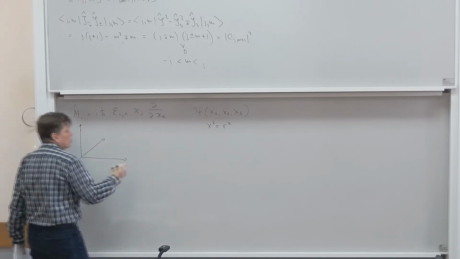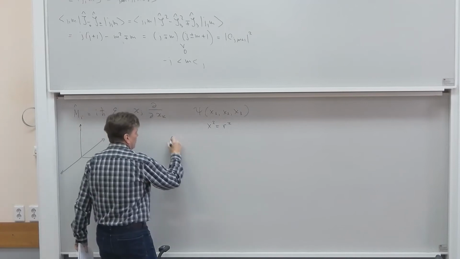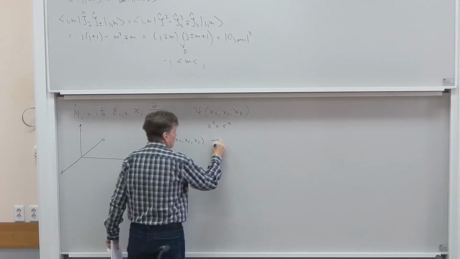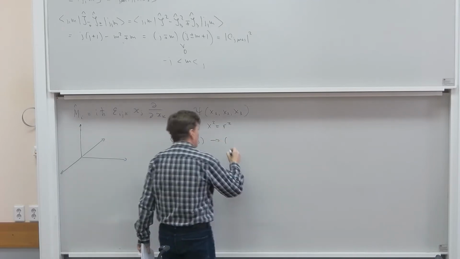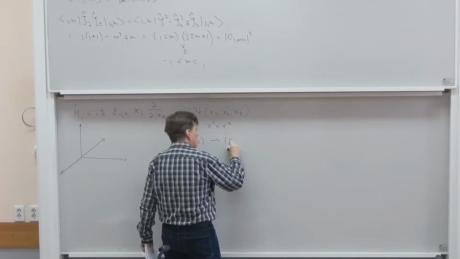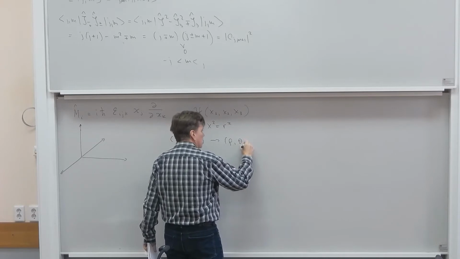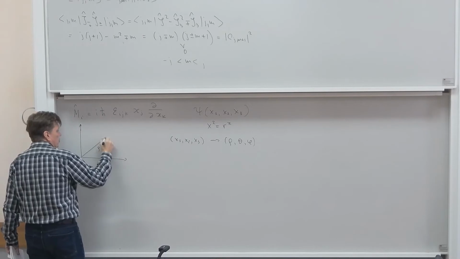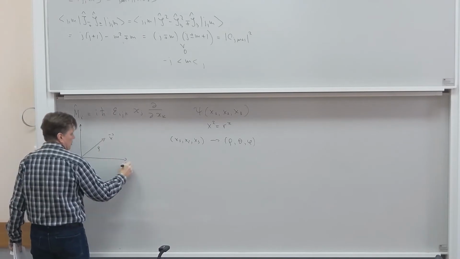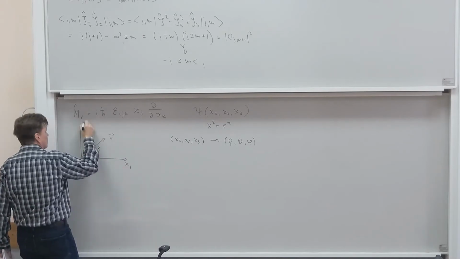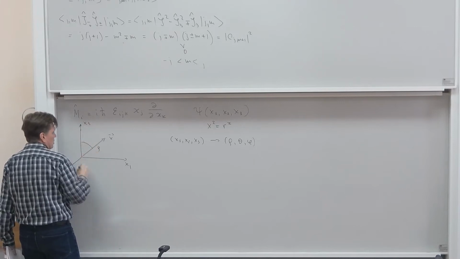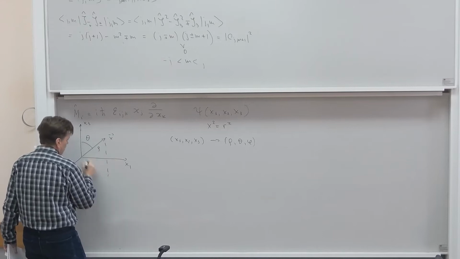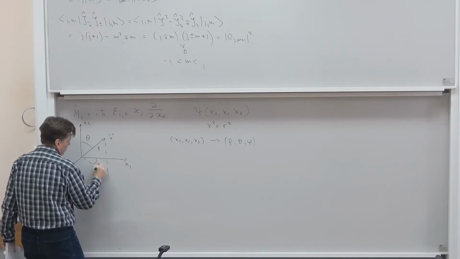We are passing from x1, x2, x3 to the spherical polar coordinates rho, theta, and phi, where rho is the magnitude of the radius vector x1, x2, x3, theta is the polar angle, and phi is the azimuthal angle.